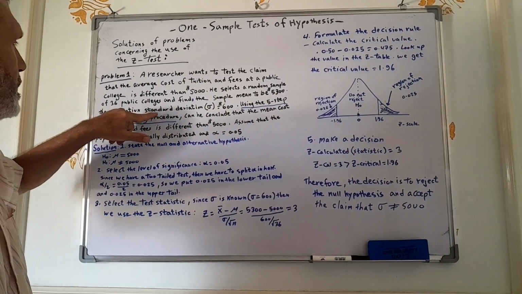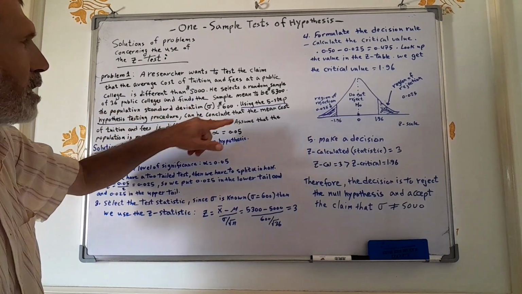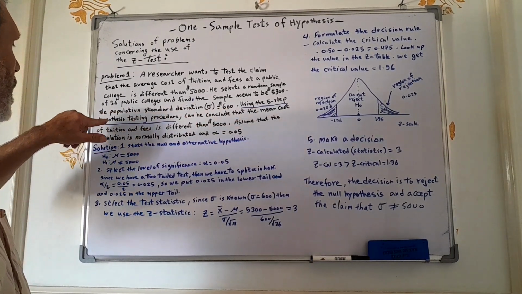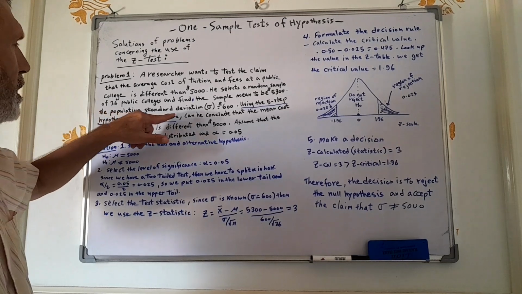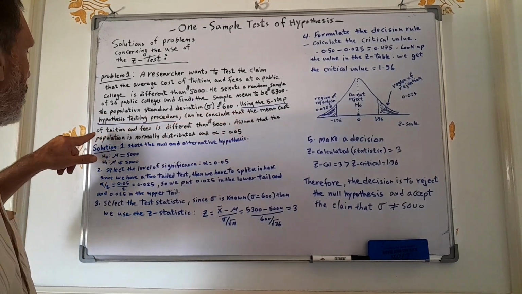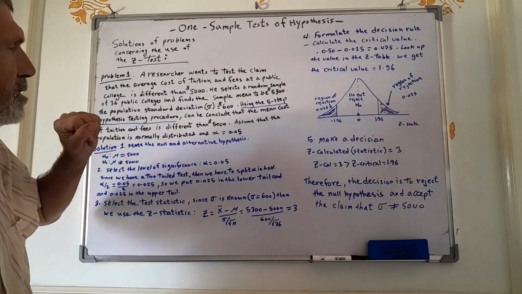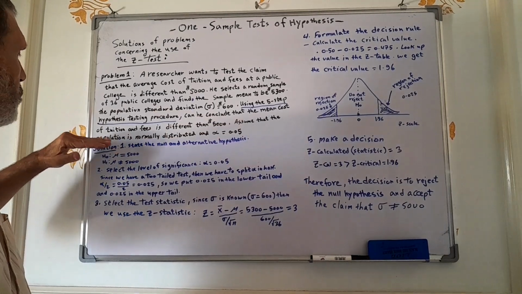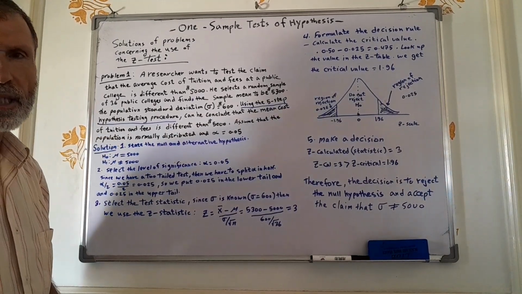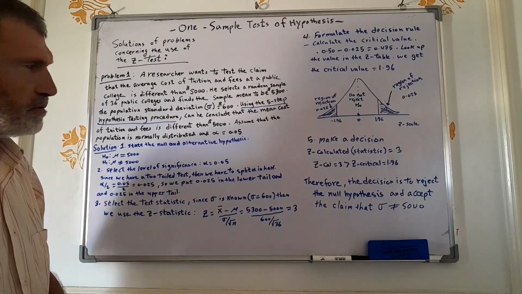The population standard deviation, sigma, is equal to $600. Using the 5-step hypothesis testing procedure, can he conclude that the mean cost of tuition and fees is different than $5,000? Assume that the population is normally distributed and that alpha is equal to 0.05.